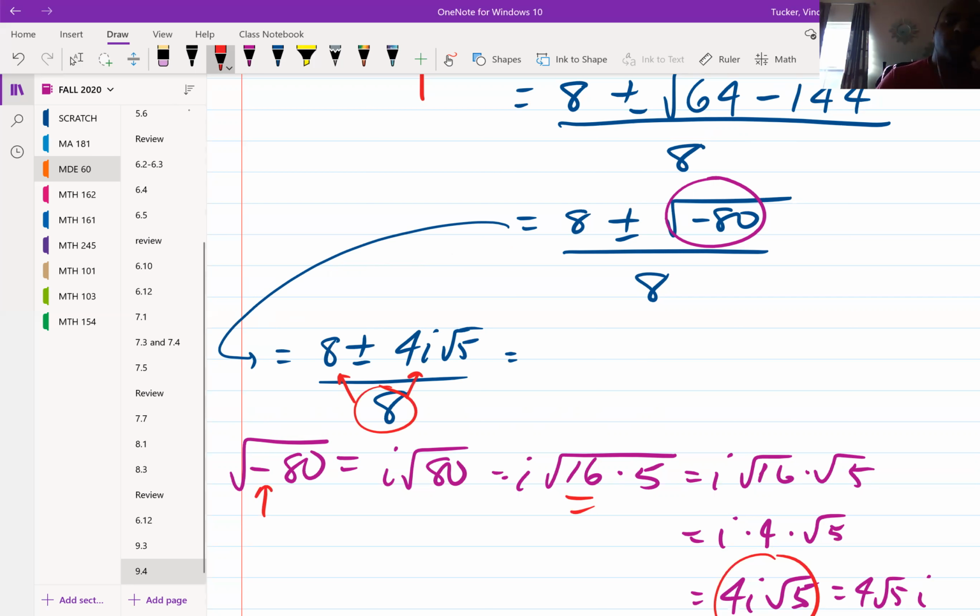If you're going to break it up, you have to break it up in this way. 8 over 8 is 1. 4 reduces into that 8 and leaves you with i square root of 5 over 2. And that is your answer.